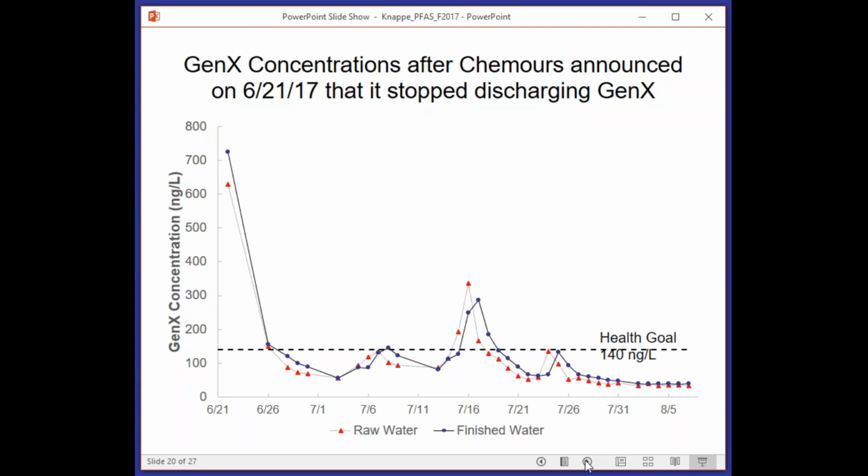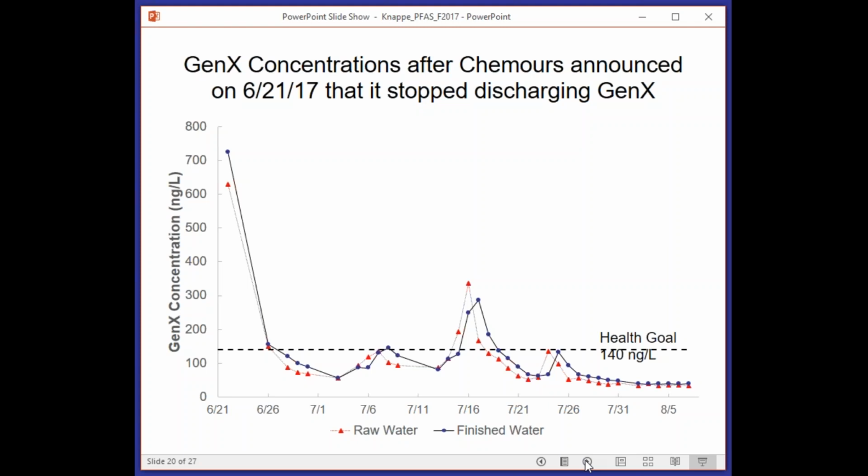And North Carolina also very quickly, within a period of about 5 weeks, established a health goal for Gen X, which is at 140 nanograms per liter. And so we can see that the health goal was met after a number of modifications were made.